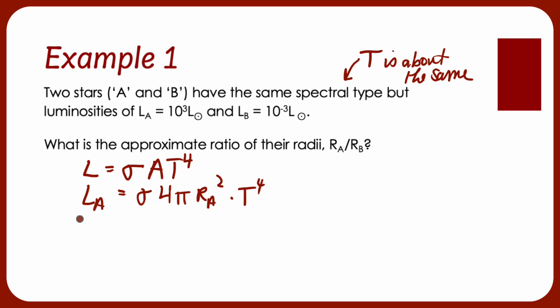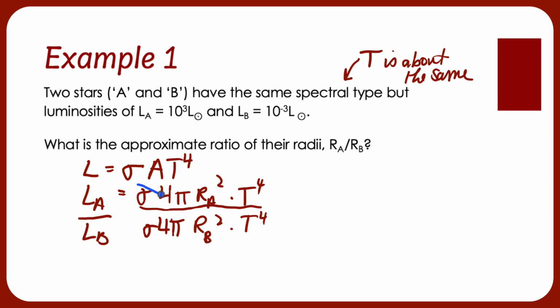And since I'm asking for a ratio of the radius of A to B, let me put the luminosity of B right down here: sigma times 4 pi times R_B squared, times the temperature to the power 4.